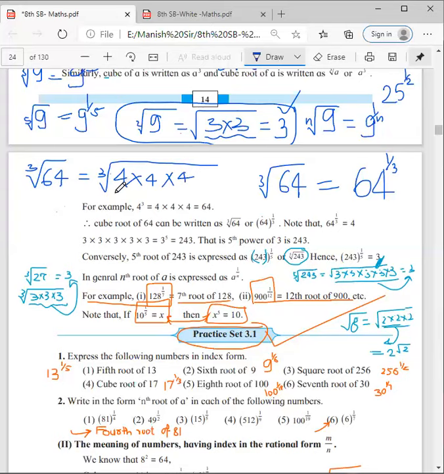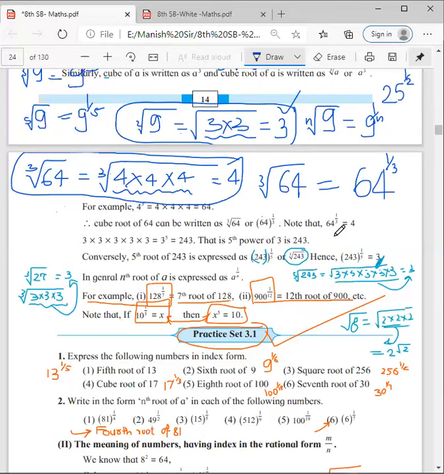Whenever you get inside the cube root a group of 3 numbers, then outside the root you can write 1 time, and you can say that 4 is the answer for the cube root of 64. I hope this one is clear. Yes, sir. Anyone any doubt? Good.